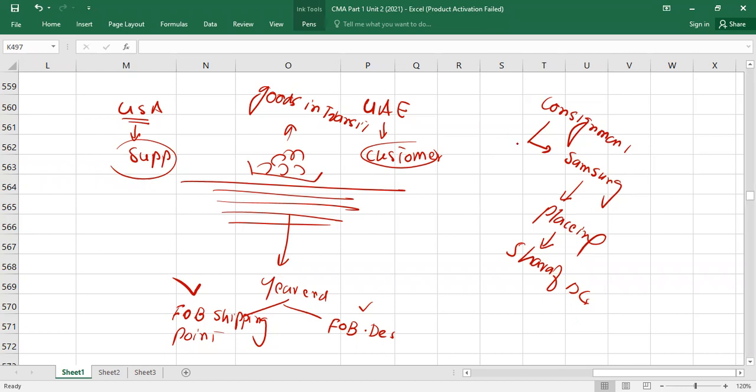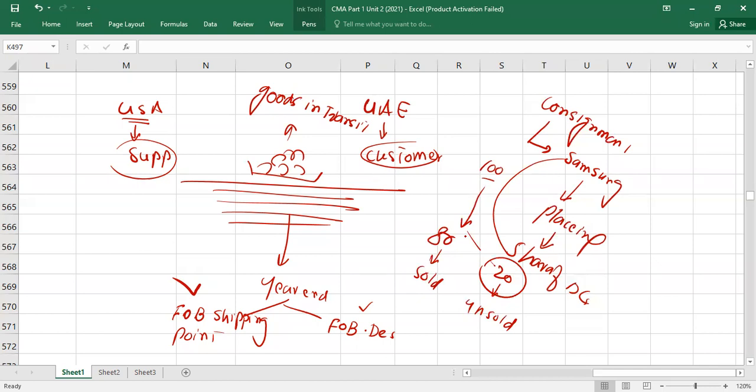Samsung has provided, let's assume, 100 mobile phones to Sharaf DG, and 80 are sold. How many are unsold? 20 mobiles are unsold. But these 20 mobiles are the inventory of Samsung, not Sharaf DG, right or wrong?